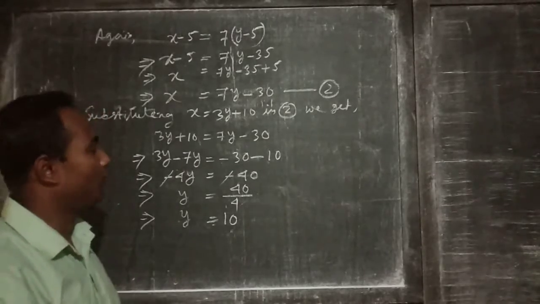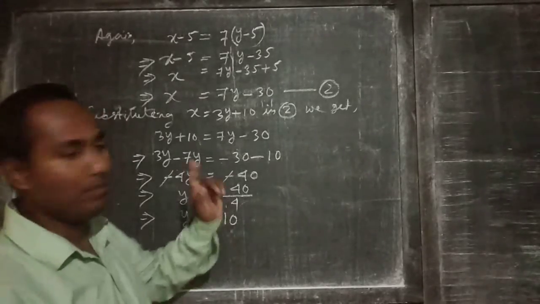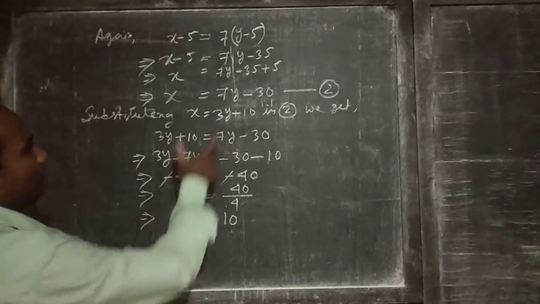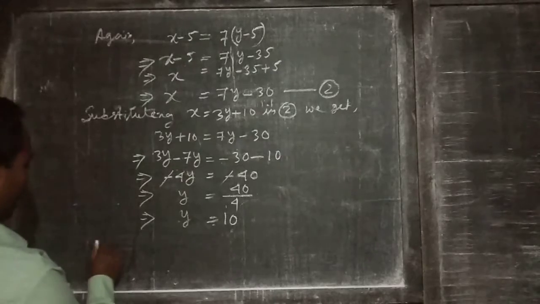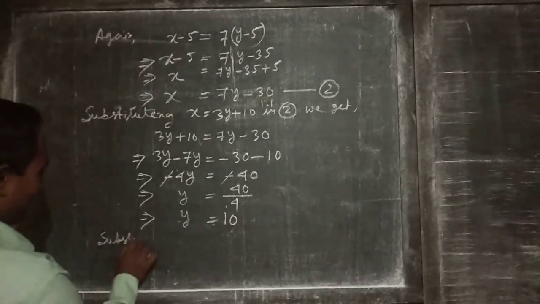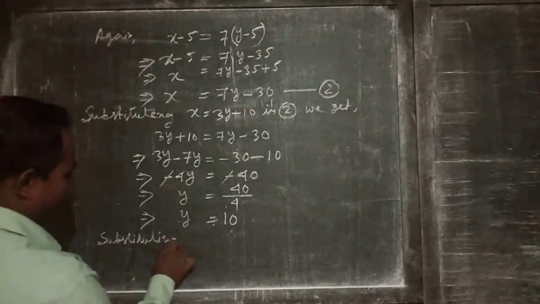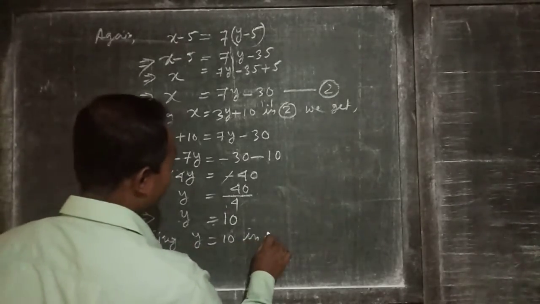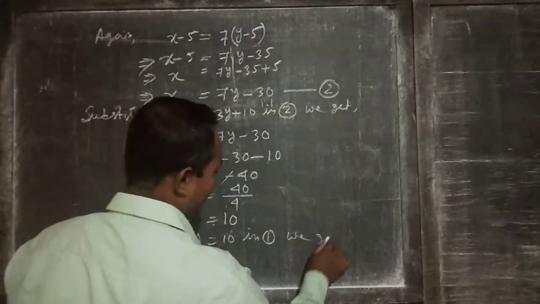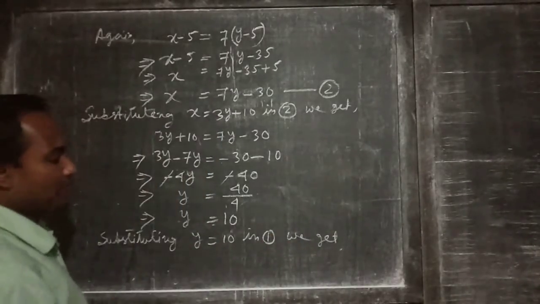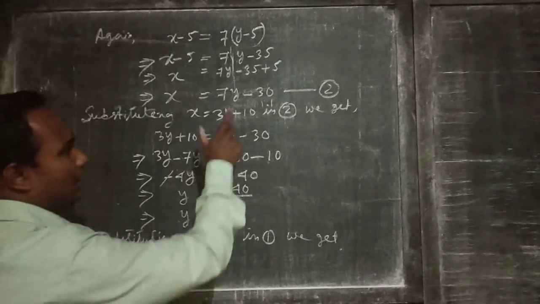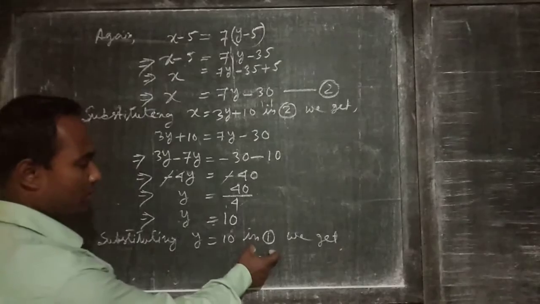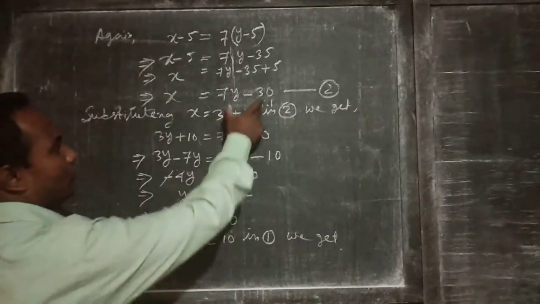Now we have to find the value of x, which is the present age of Jacob. We have to substitute the value of y in an equation. We can put the value of y in equation 1, and we can put it in equation 2 also.